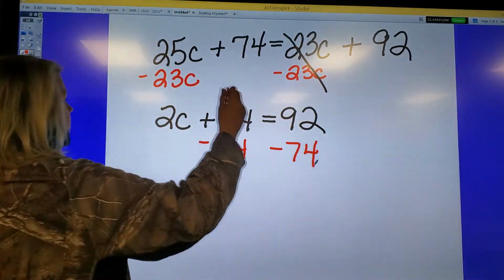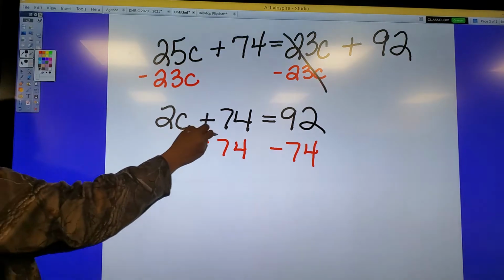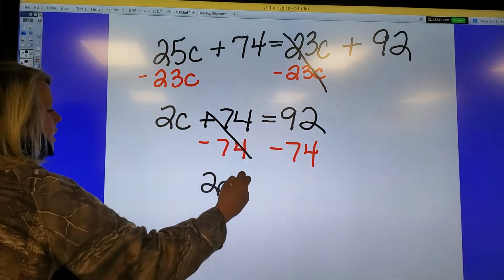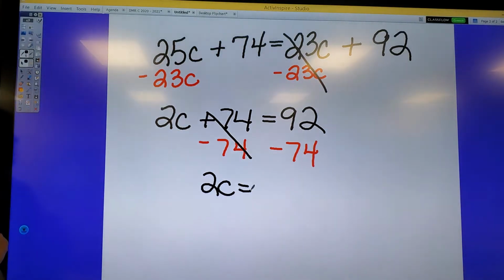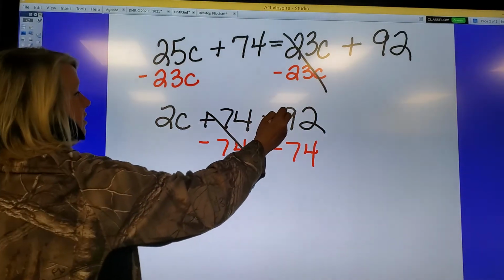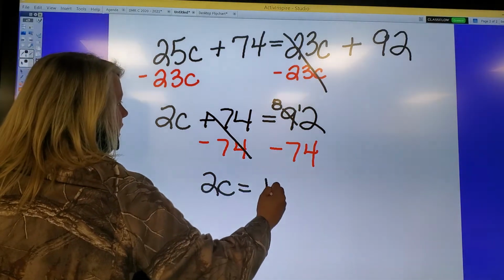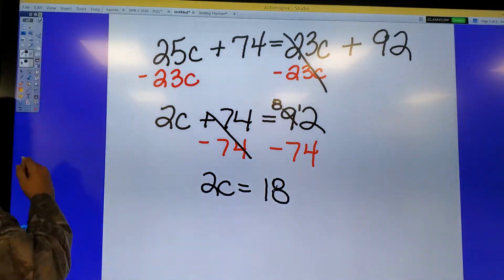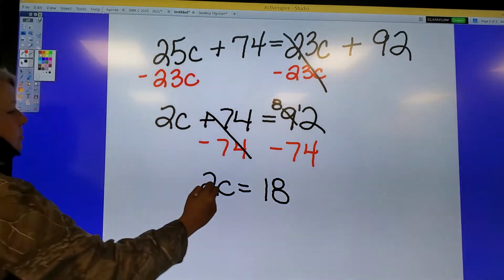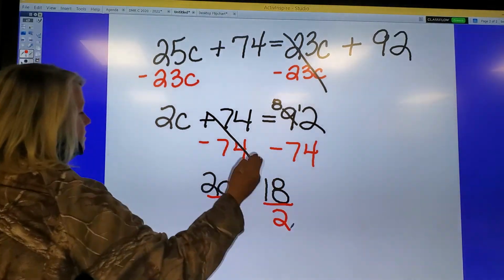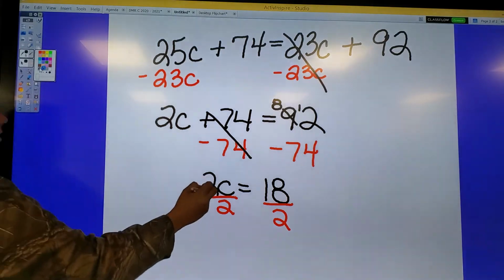So don't get scared off on these problems that have bigger numbers. You're just going to have to think a little bit harder and be a little bit more cautious when you are doing your subtraction, where you really have to work it out. So that's going to be 18. And then our last step is to divide by 2. So c equals 9.